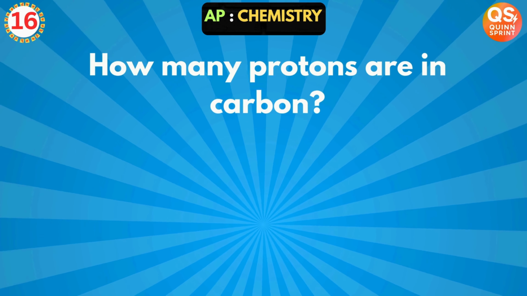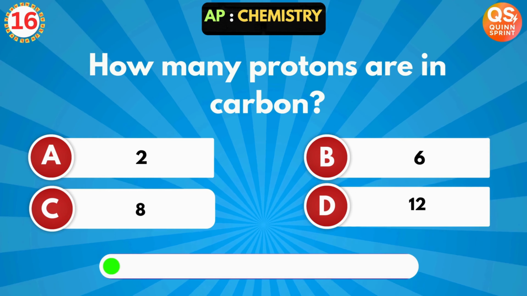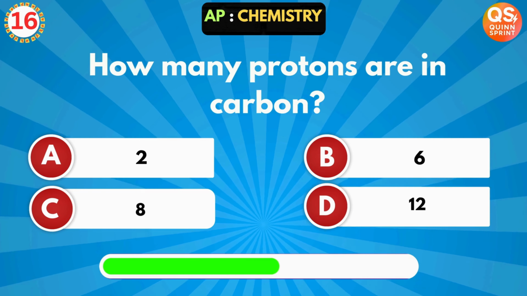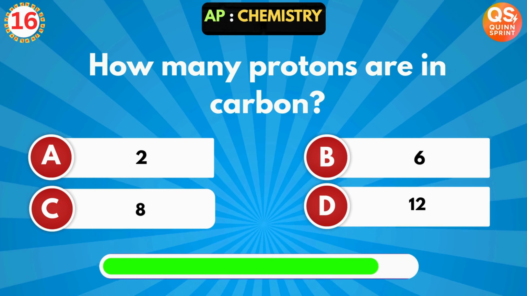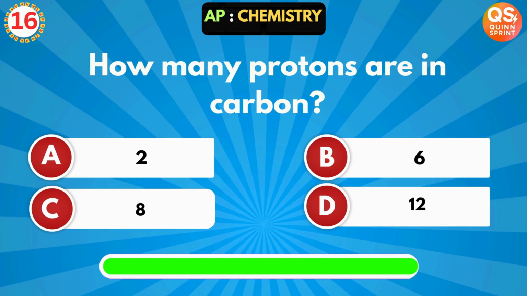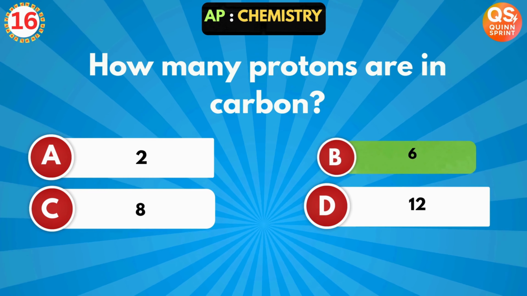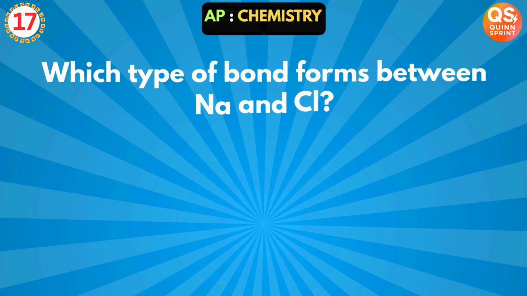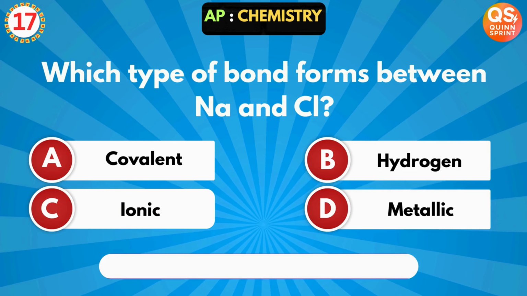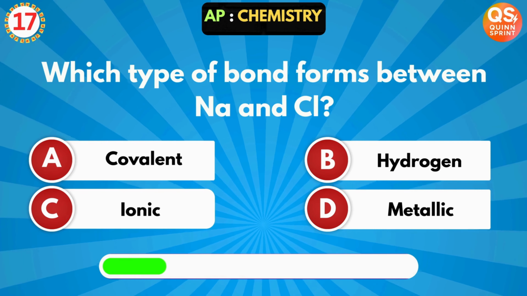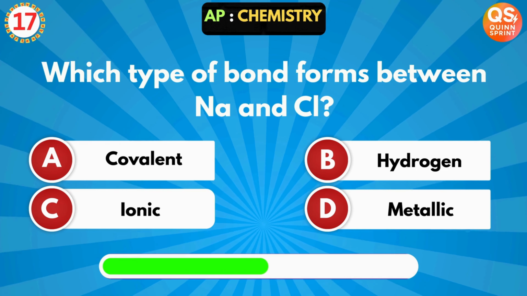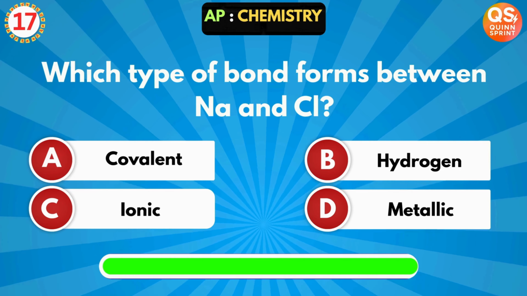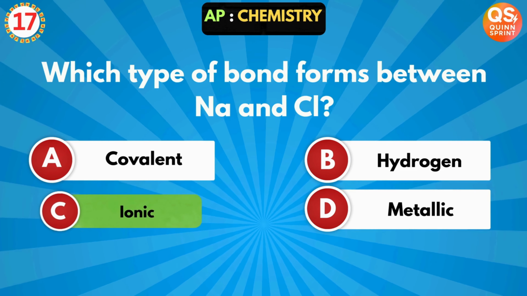How many protons are in carbon? Six. Which type of bond forms between Na and Cl? Ionic.